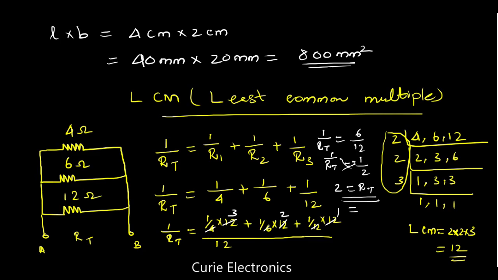See, if you don't know how to take the LCM, you see which is the highest divisible number. Here it is 12. With this 12 we have to multiply the whole thing. We have to simplify it actually. But it is better to go with LCM so that you'll get the right answer.